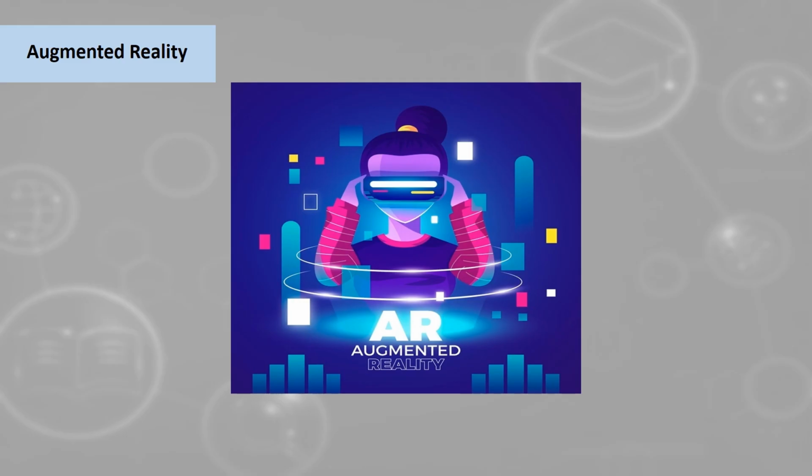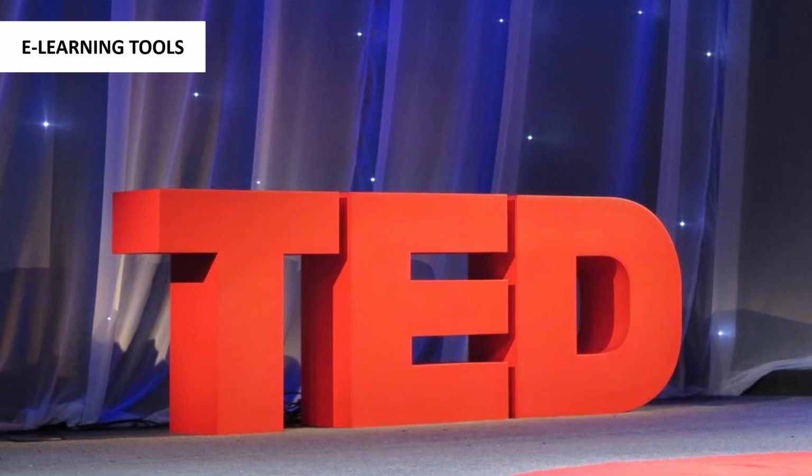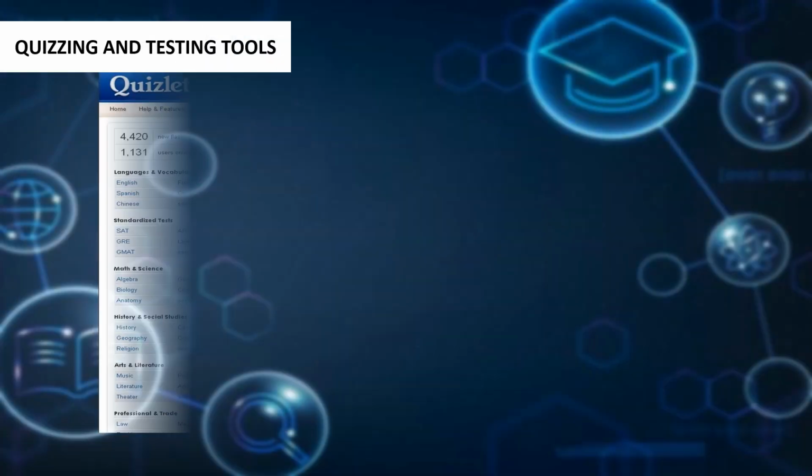So, you can also think of using these technologies or application software, like for e-learning you can make use of Adapt, Adobe, Geobra, Learn, Bubble, and there are many. There are quizzing and testing tools.